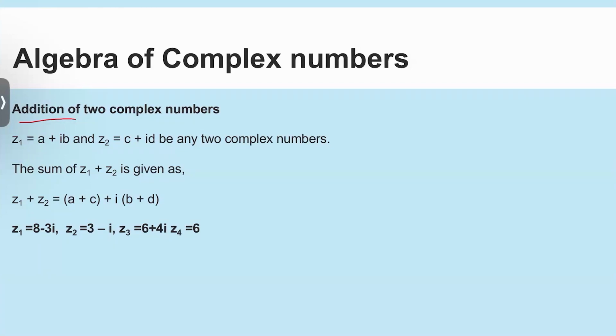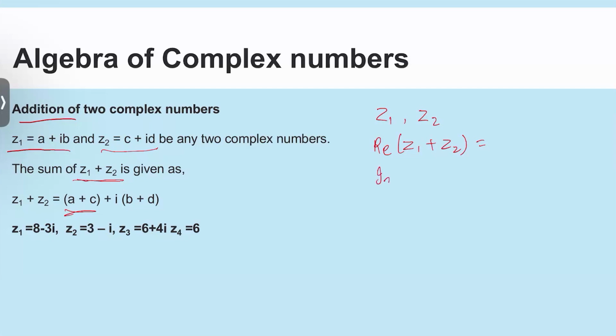Over here, Z1 is equal to a plus ib and Z2 is equal to c plus id. The sum of two complex numbers: the real part of the sum would be the sum of the real parts, here a plus c.